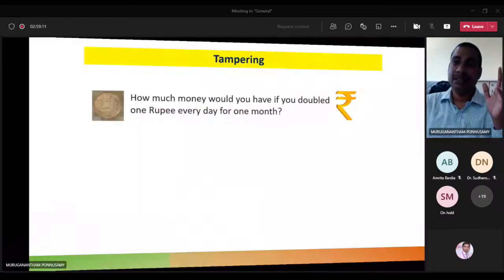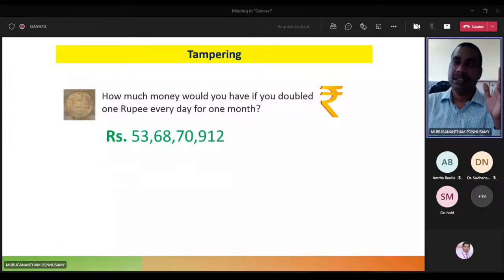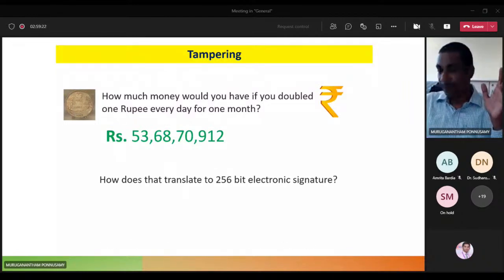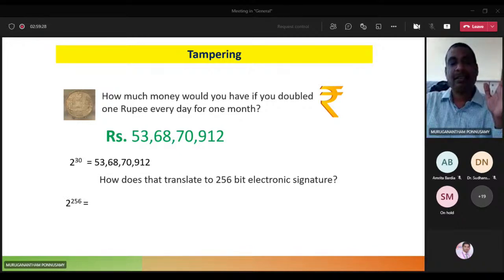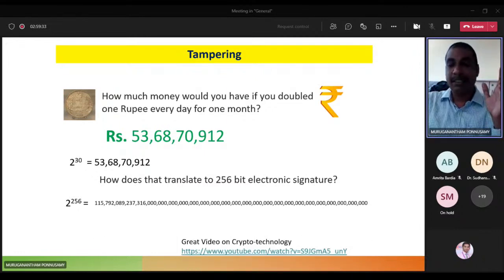Second thing, tampering. Just a quick calculation: how much money would you have if you doubled 1 rupee every day for 1 month? How does that translate in a 256-bit electronic signature? Again, purely a technical term in computer science.